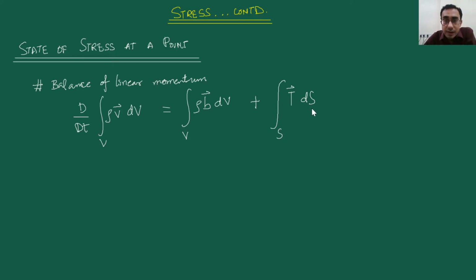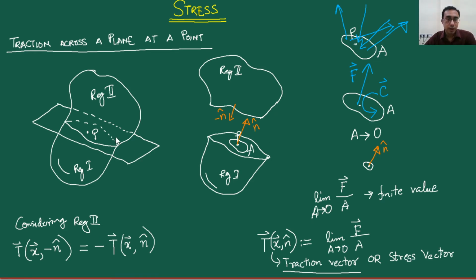where the dS is the elemental surface and S is the entire surface of the body under consideration. So you can imagine that we are again considering a general three-dimensional body like we had been considering in our previous part of the lecture. So a general three-dimensional body like this, and now what we are doing is that in the previous class we had considered this traction vector to be relevant to this internal point.